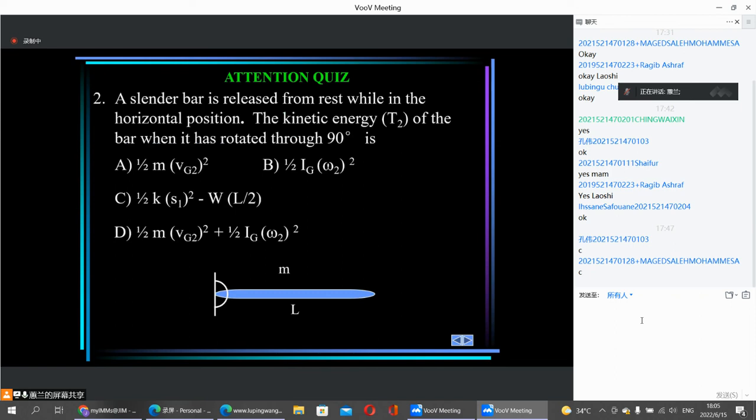A standard bar is released from rest while in the horizontal position. The kinetic energy of the bar when it has rotated through 90 degrees is, yeah, this one you can figure out, okay? When it rotates, it starts horizontal, and then should be this way, right?